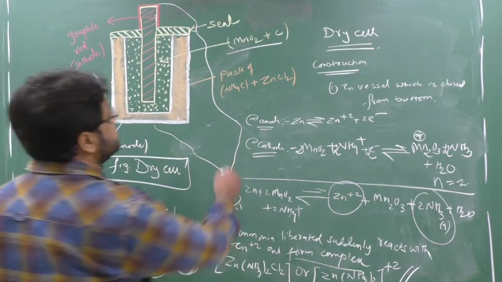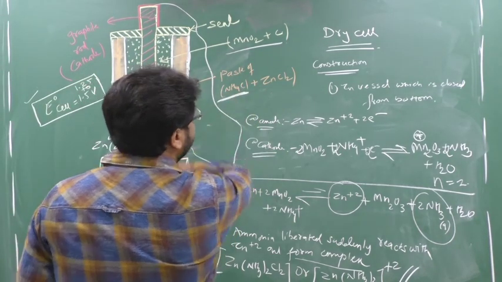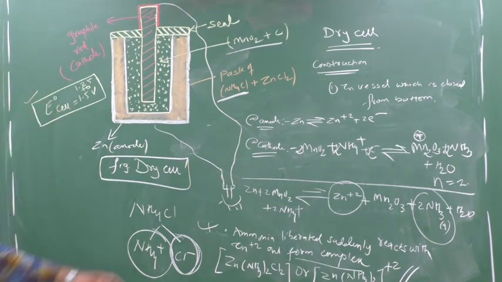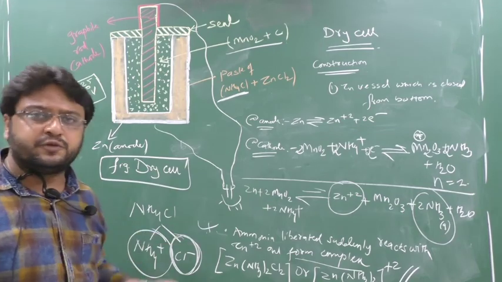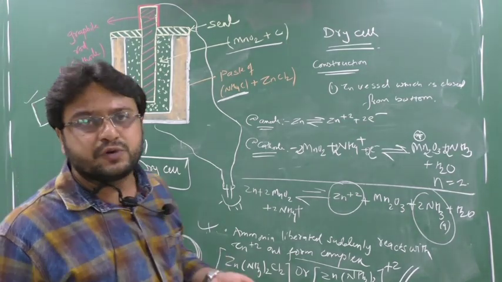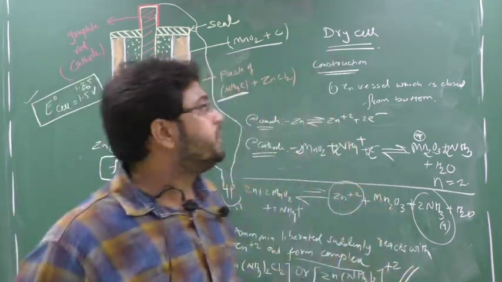Second thing, you see here this NH4Cl. This NH4Cl is nothing but acidic. Now acidic NH4Cl, if you don't use the battery and if you keep it as it is, this acidic NH4Cl will start to react and it will deteriorate the battery.